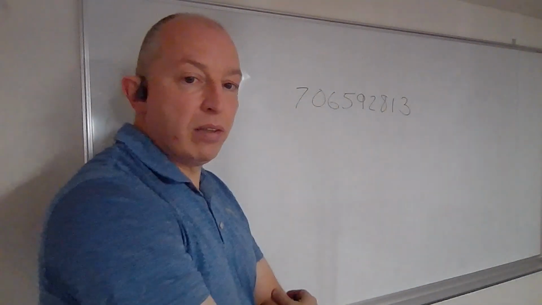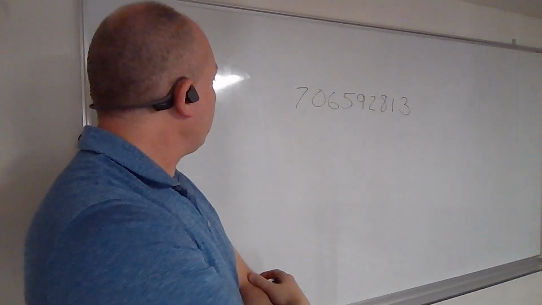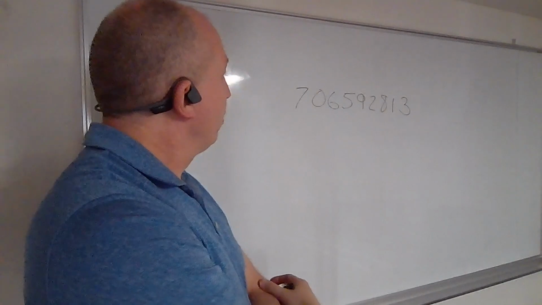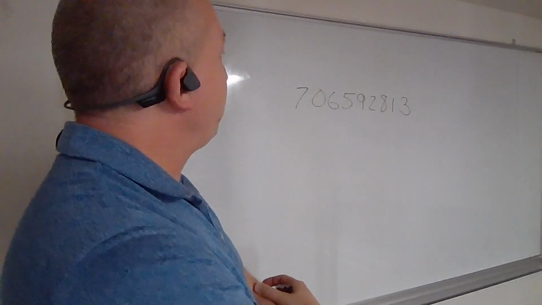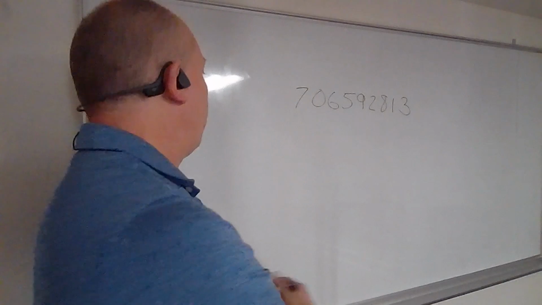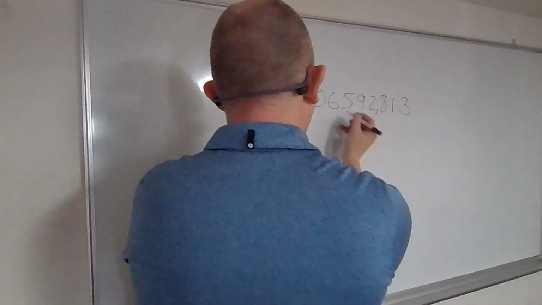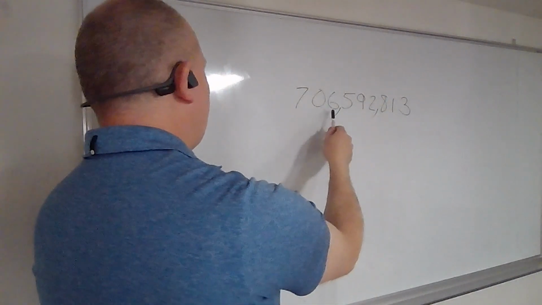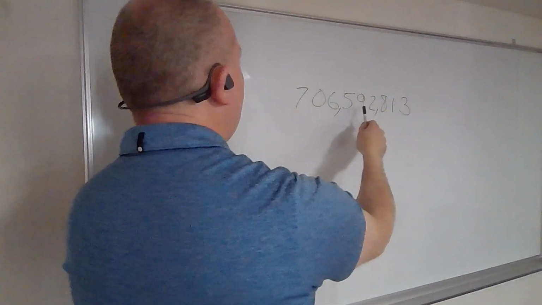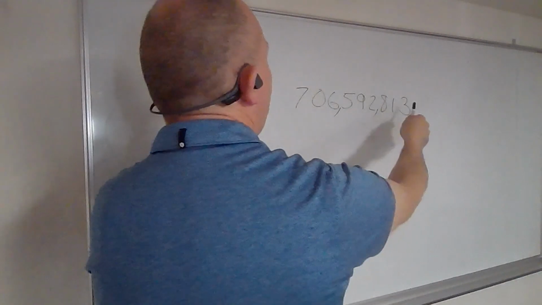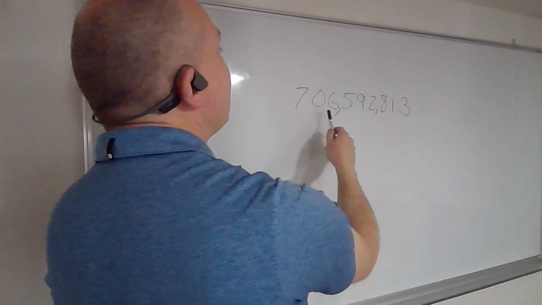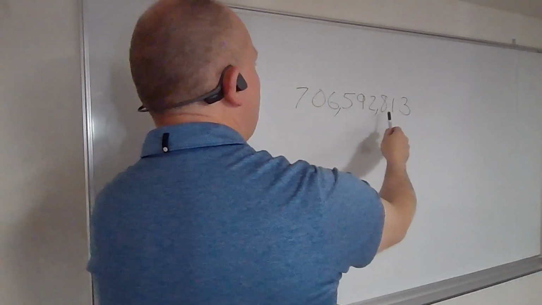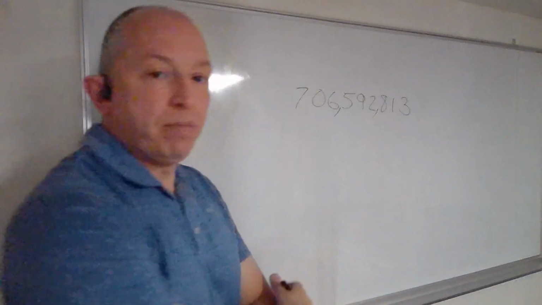Okay, how about this one? It's rather large, but don't forget, separate them into groups of three. Comma goes here, comma goes here. Million and thousand, 706,592,813.